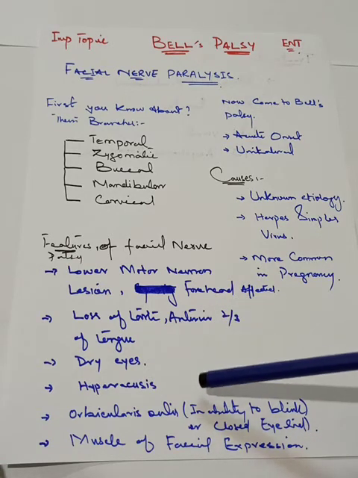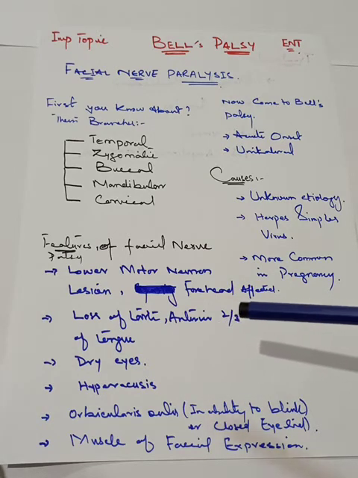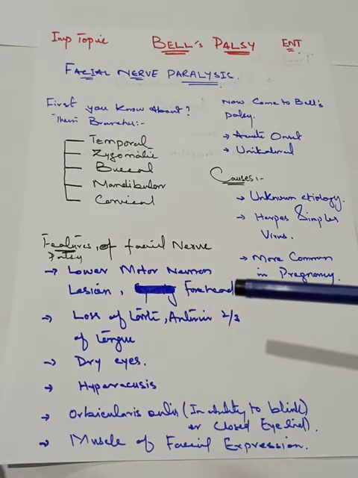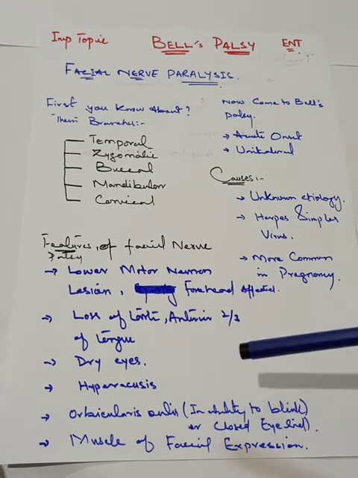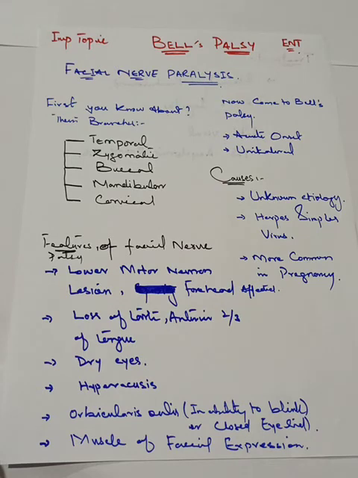Hyperacusis, where the patient hears a louder sound compared to normal, like the sound is of normal intensity but the patient feels it louder. The orbicularis oculi muscle is also paralyzed, so the patient is unable to blink or close the eyelid. And one of the most important is that muscles of facial expression are most commonly affected. These are the general features which are always asked in short essay questions, and also asked by the examiner in exams.